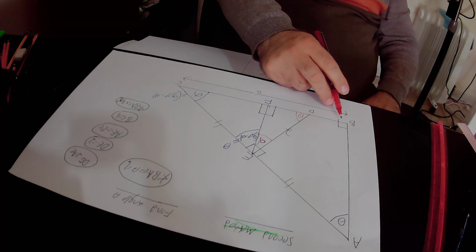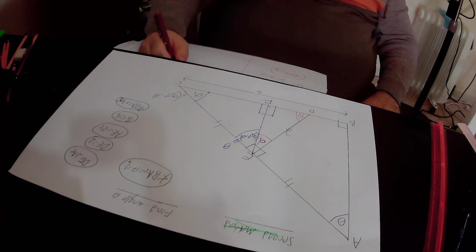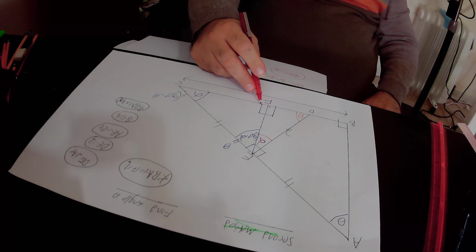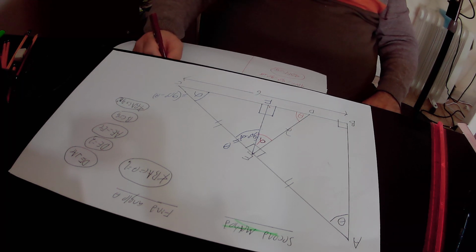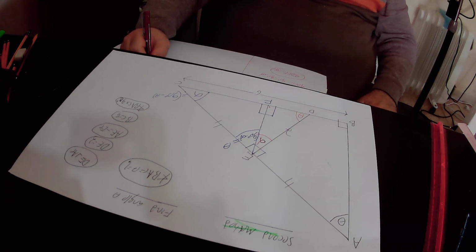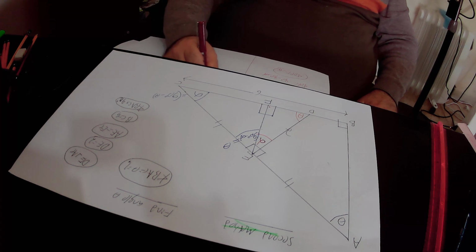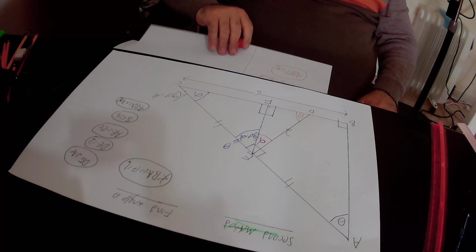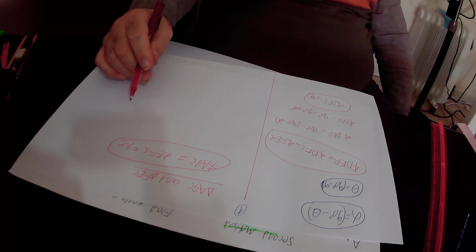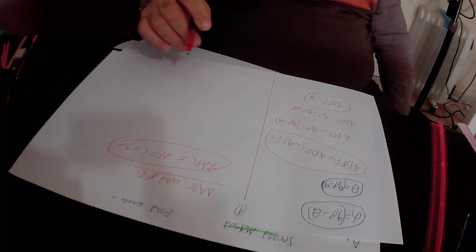This angle of triangle ABC, angle ABC, is equal to this angle, angle EFC of triangle EFC, and both are equal to 90 degrees. I will repeat again: angle ABC equals angle EFC, and both angles are equal to 90 degrees.